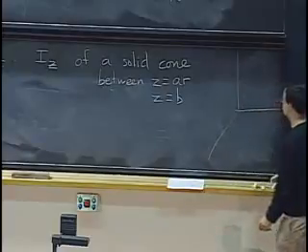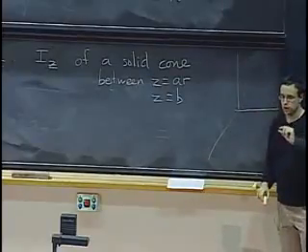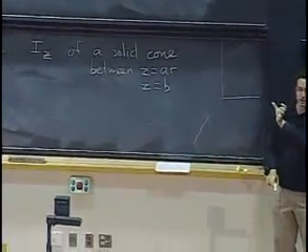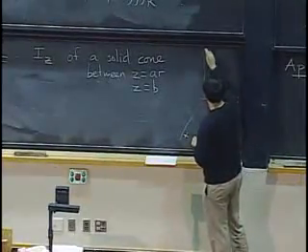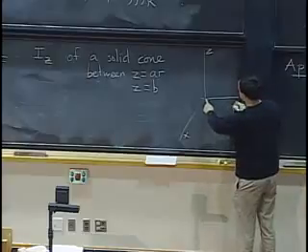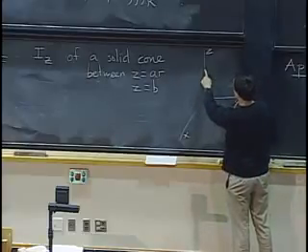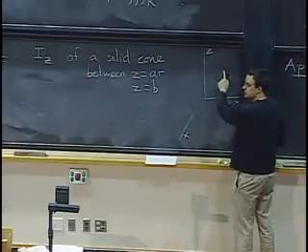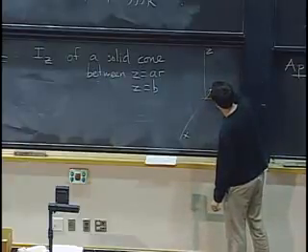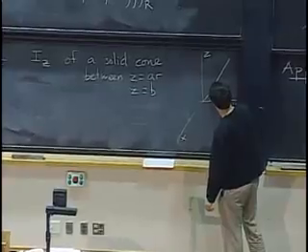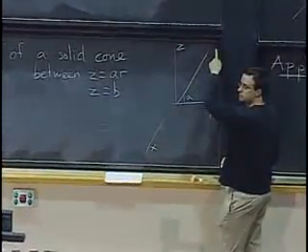So z equals a times r means the height is proportional to the distance from the z-axis. Let's look at what we get if we just do it in the plane of the blackboard. If I go to the right here, r is just the distance from the z-axis. The height should be proportional with proportionality factor a, so I take a line with slope a.